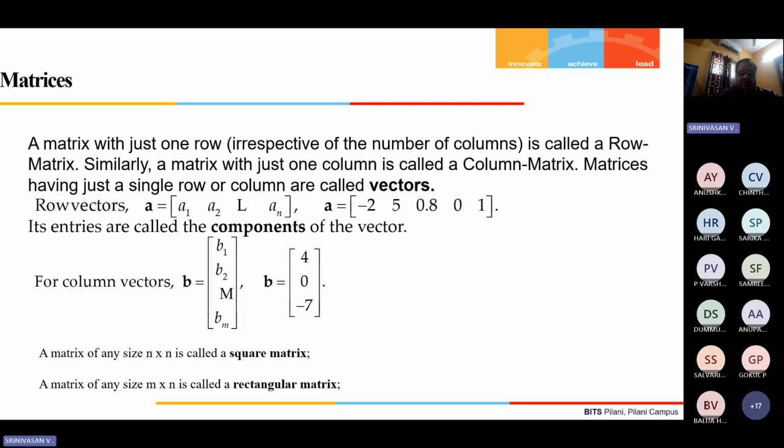Just look here. Instead of writing A, these are all various ways of writing your vector that you are going to deal with in detail in the next session under the caption vector space.